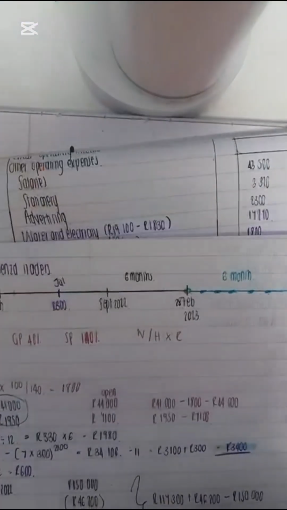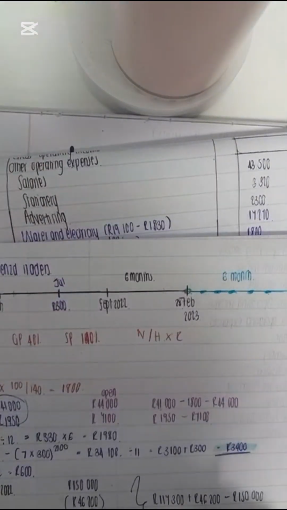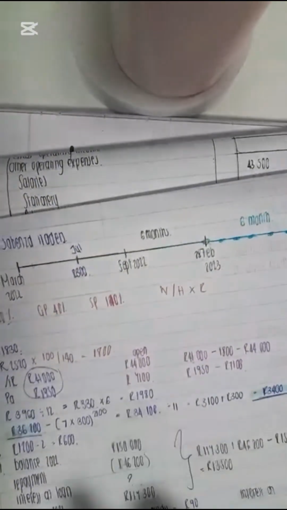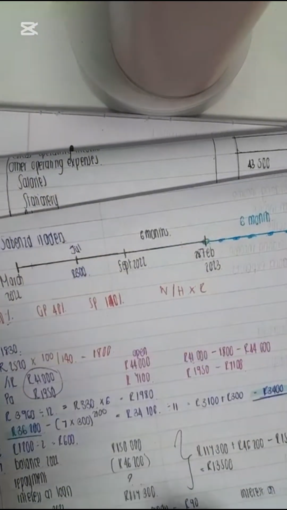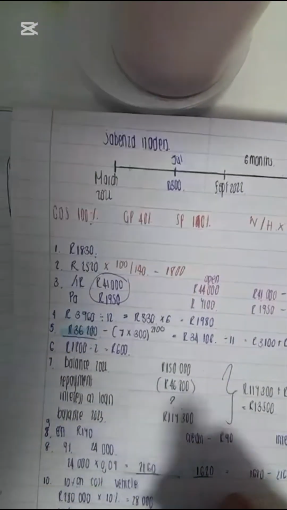Now for equipment, what we have is 15% on diminishing balance method, meaning that we have to deduct our accumulated depreciation at the beginning of the year.